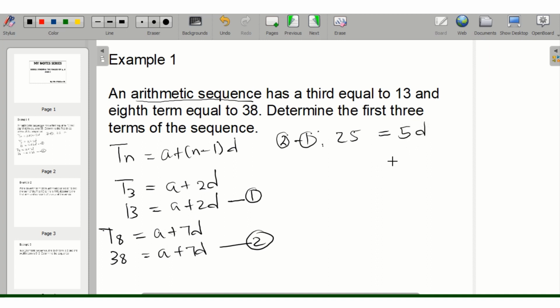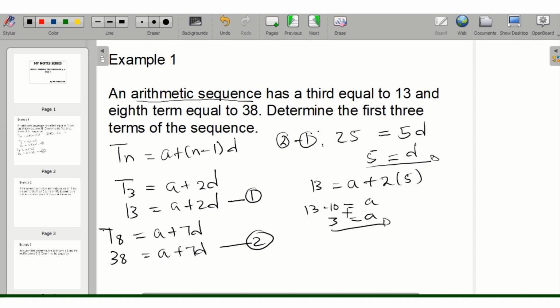If you divide by 5 on both sides, d is equal to 5. And then we can substitute d in either of the equations. If we substitute in the first, this is 10, so 13 minus 10 equals a, and a is equal to 3.